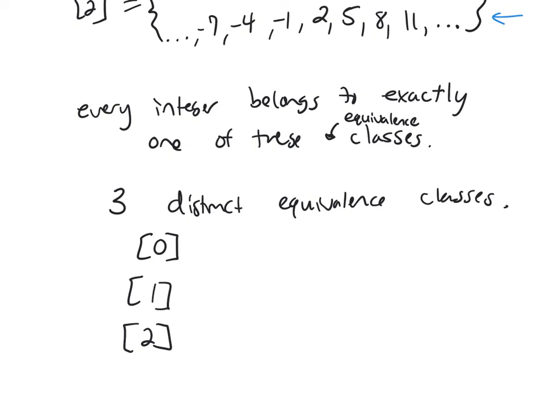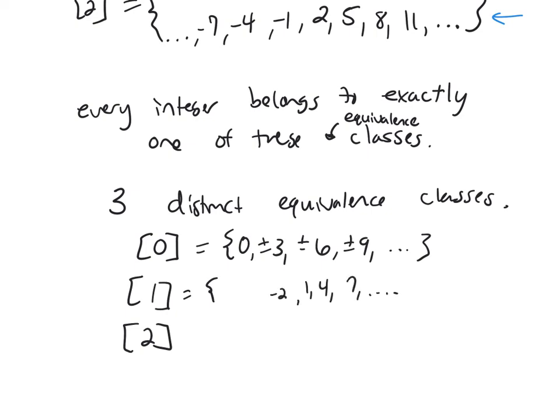Now what I want us to do is look at these equivalence classes a little bit closer and see what's going on here. So I'm going to write out some of their elements so that we can compare these. So this one had 1, 4, 7, -2, -5.